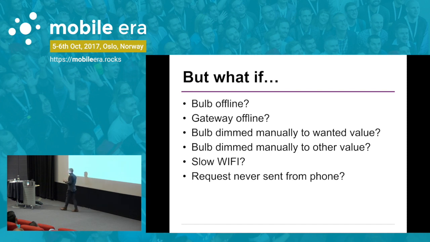If the request never actually goes to the server, or if I dim it manually to the given value, say I want a dim value of 70 on that light. It's 50 now, I want it at 70. It takes so long that I actually go to the wall and turn the dimmer to 70.